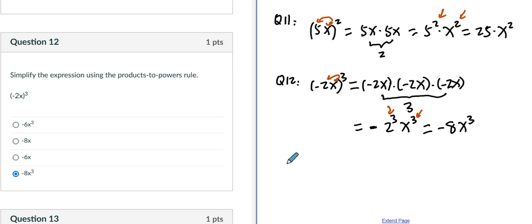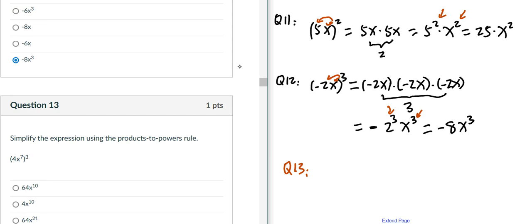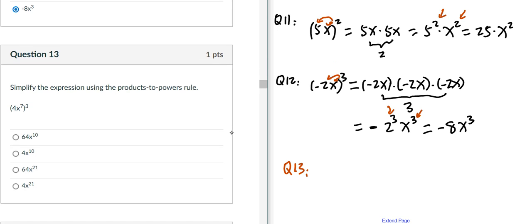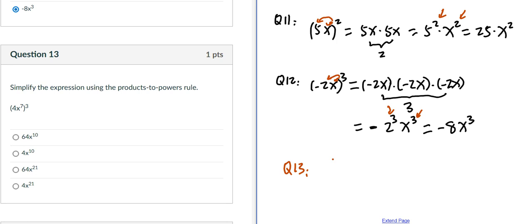Okay, so question 13 is similar. We have 4 times x to the 7th, and then cubed. Every number needs 3.